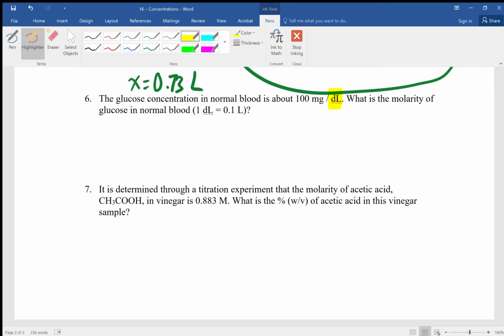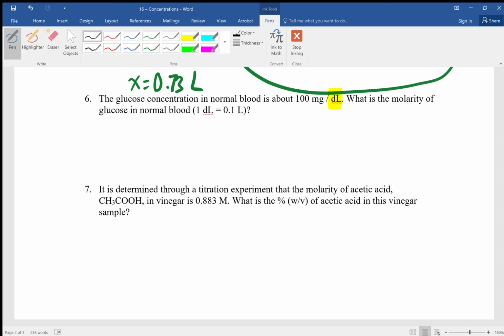So 10 deciliters make up 1 liter. And while it's a unit we don't use very often, interestingly, when we measure things like sugar concentration in blood, that often gets expressed in deciliters. I don't know why that unit still gets used, but we still see it there.